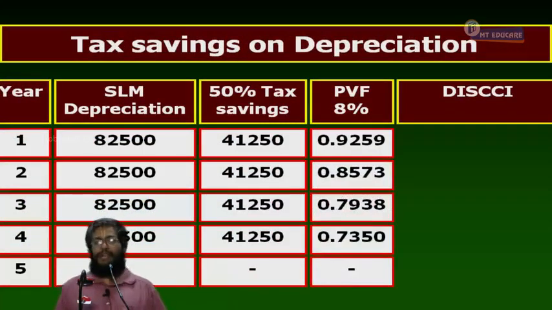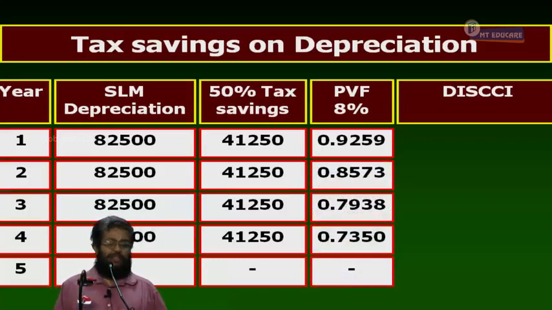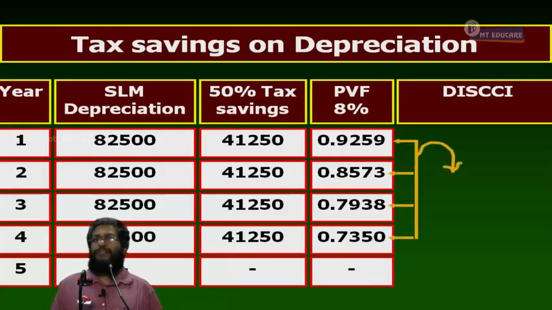41,250 into annuity factor. How many years? 4 years, 8%. 41,250 into annuity factor, 4 years, 8%, which is equal to 41,250 into, write along with me, calculator. Take the calculator. What is the annuity factor for 4 years here? 1 divided by 1.08, equals, 4 times grand total.